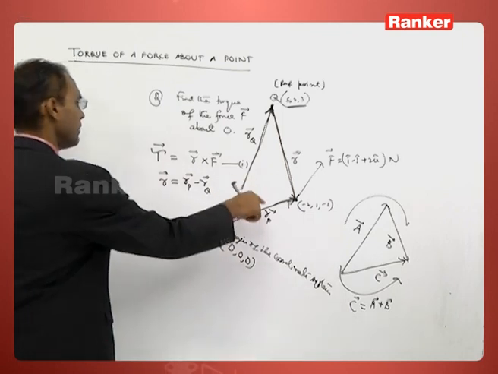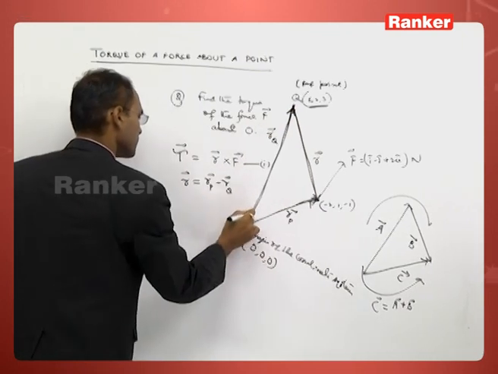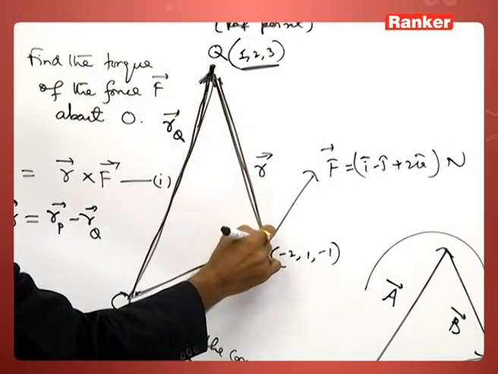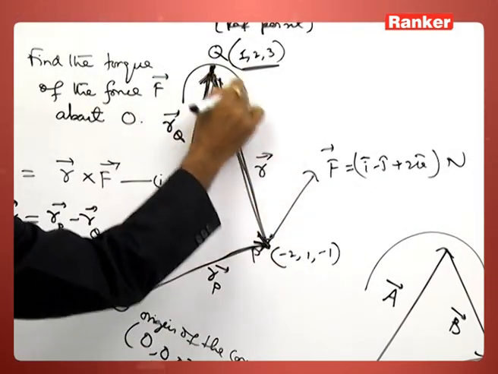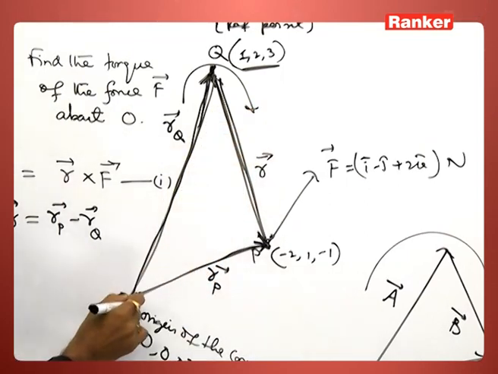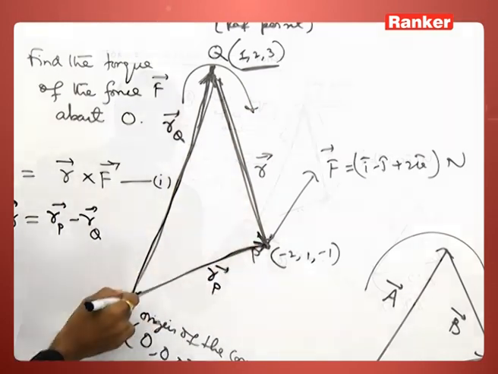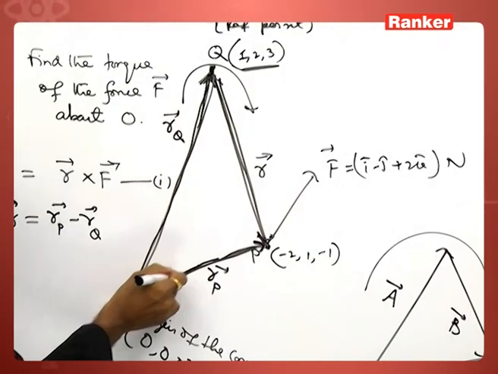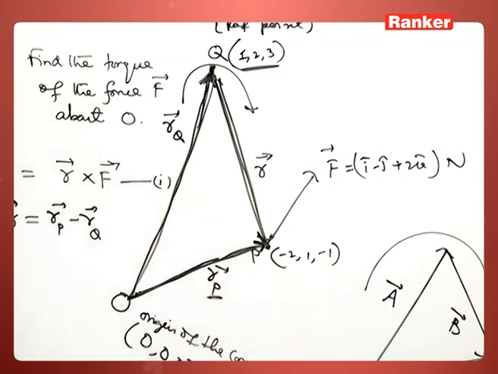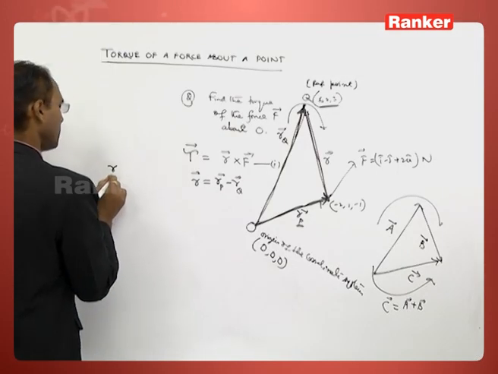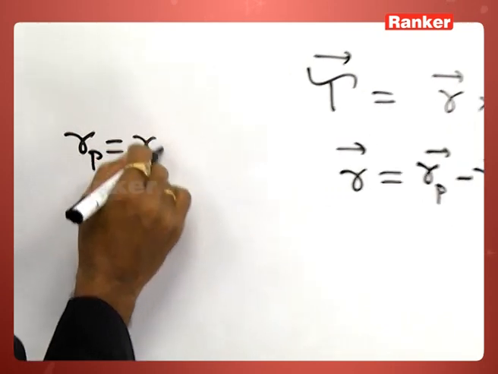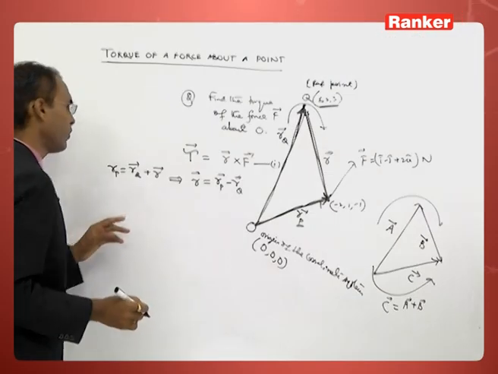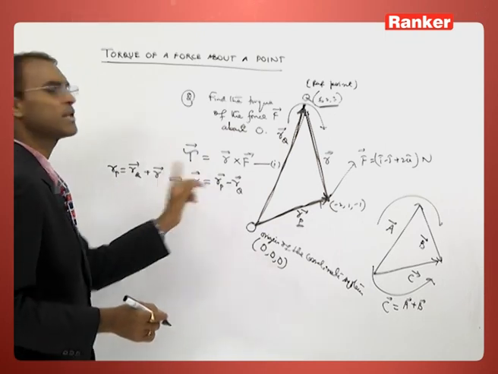Using this idea, we can write this vector RQ plus this vector R, taken in the same order in clockwise sense, must be equated with the closing side of the triangle taken in the reverse order, represented by this vector RP. So, RP is equal to RQ plus R.